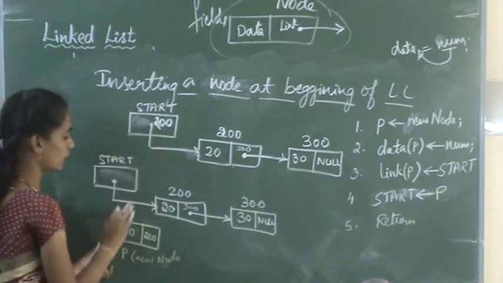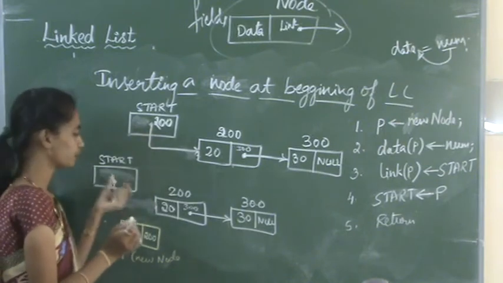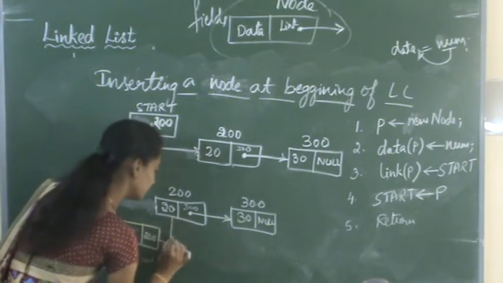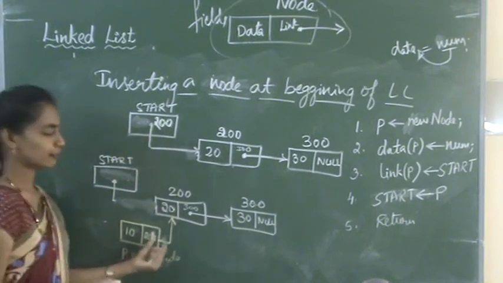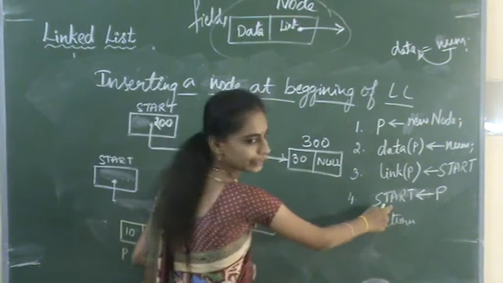The earlier value will be overwritten. If the address is assigned to this, automatically it will create the link for that node.